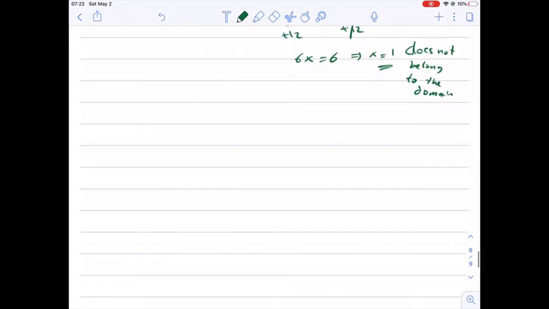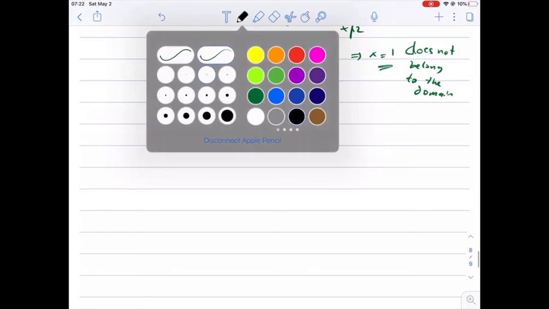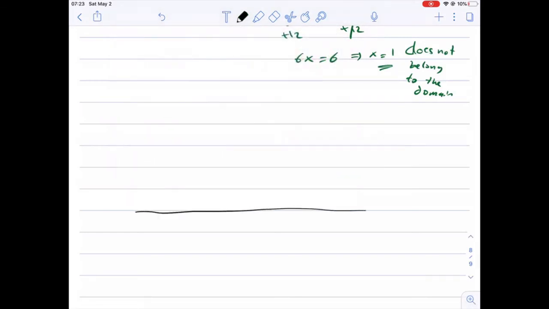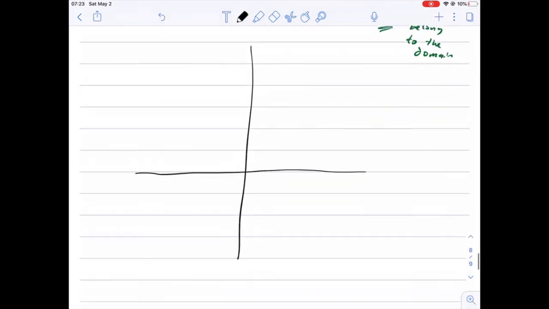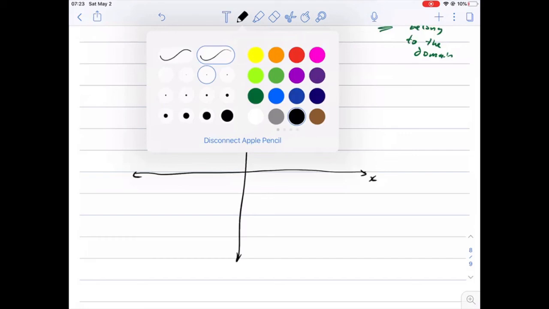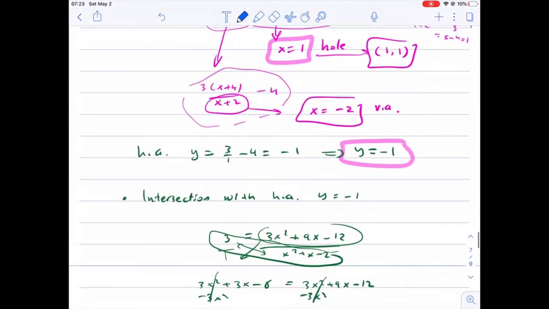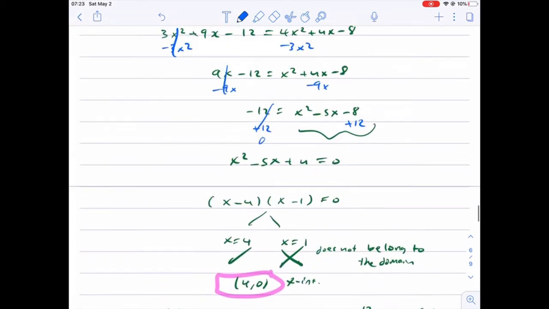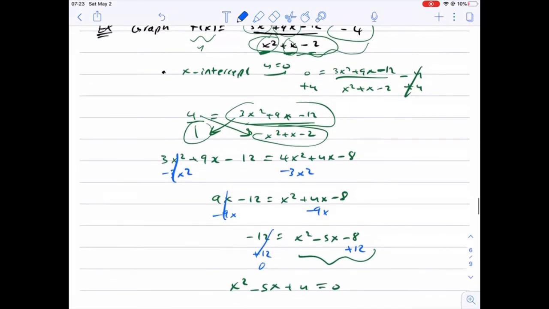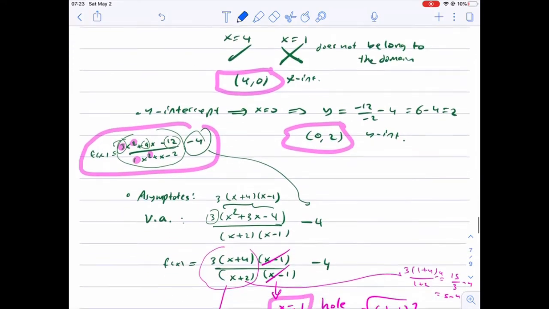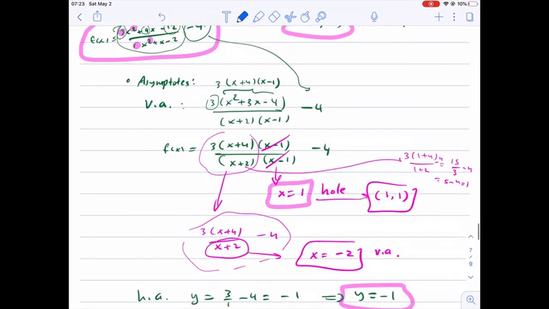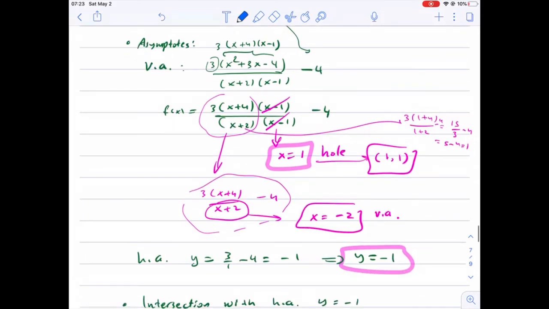Now we graph the function. So the graph looks like this. So this is the x-axis, this is the y-axis. And we start with the asymptotes. So we have a vertical asymptote. What is the vertical asymptote? It's x equals minus 2.